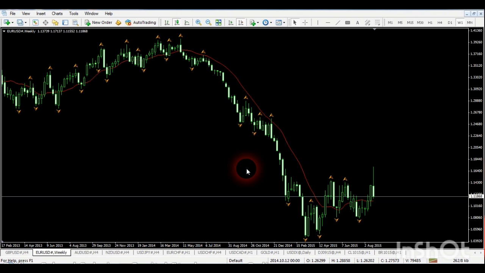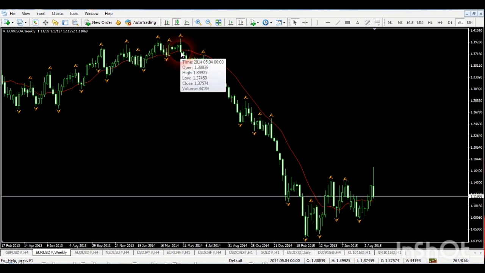When the trend changes, my moving average tells me and announces it. Okay. Let me explain to you the default mode of moving average and then I tell you the techniques.